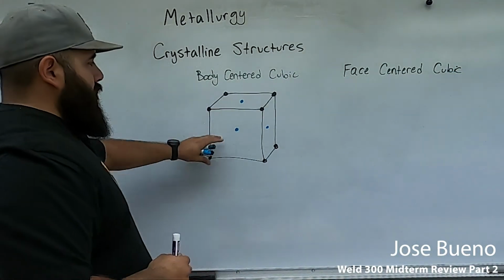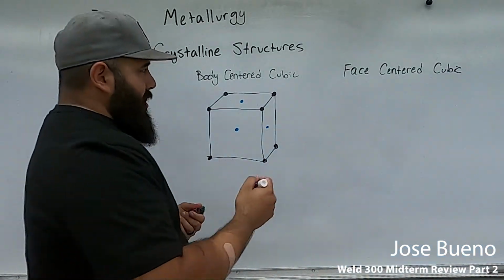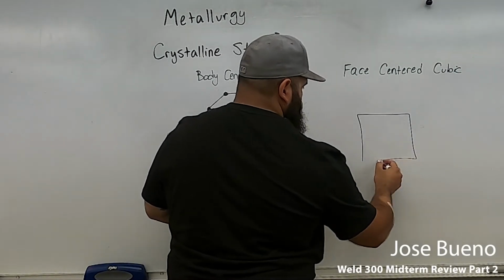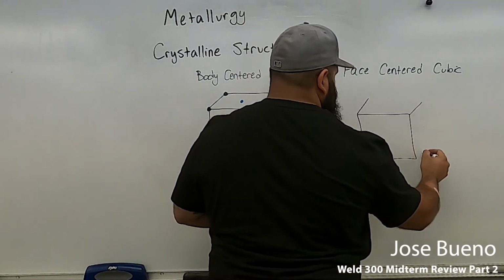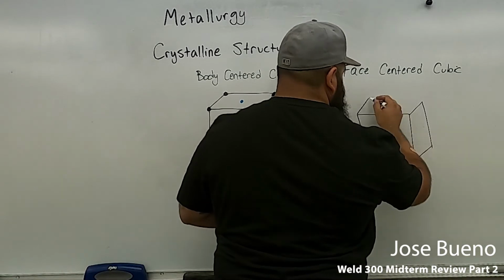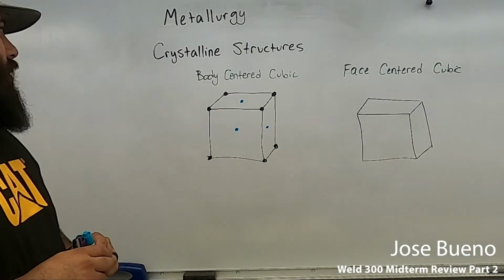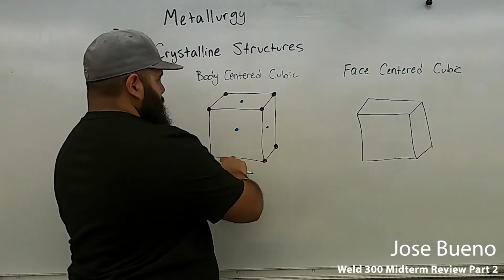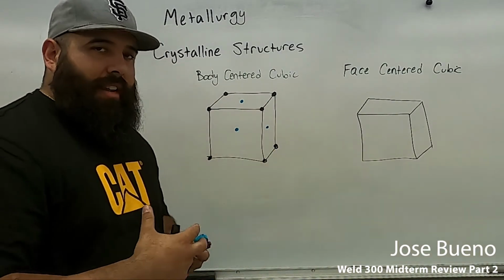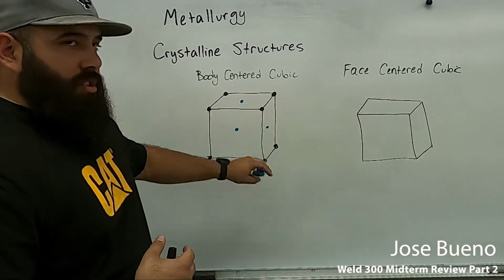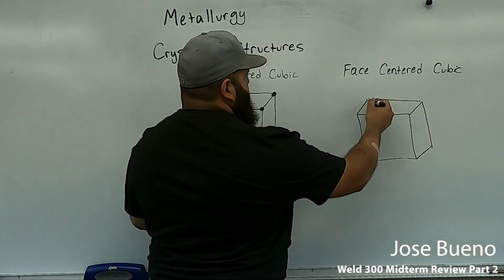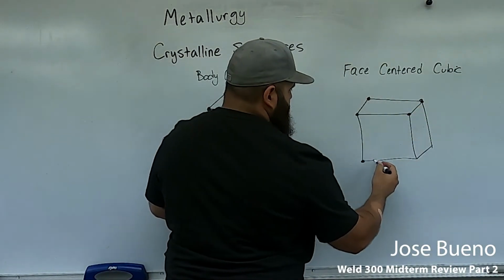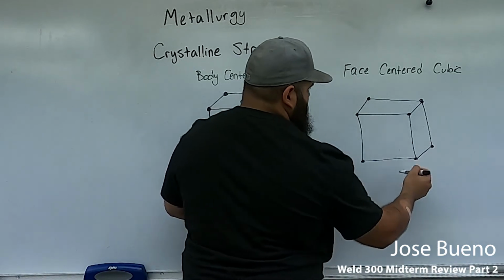Okay, so the shape of the cube does not change. We still have a cube. The only thing that changes is that now, instead of iron being restricted to just the body of this crystal structure, we now find iron on each face.